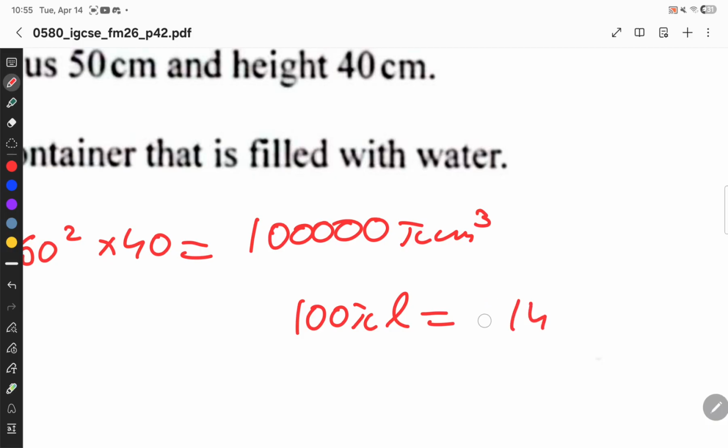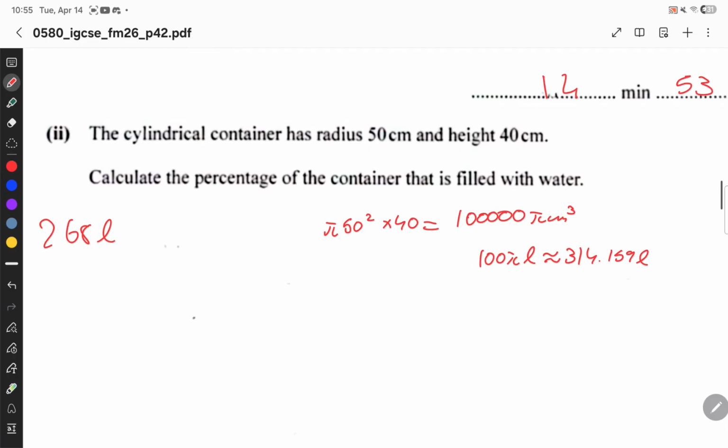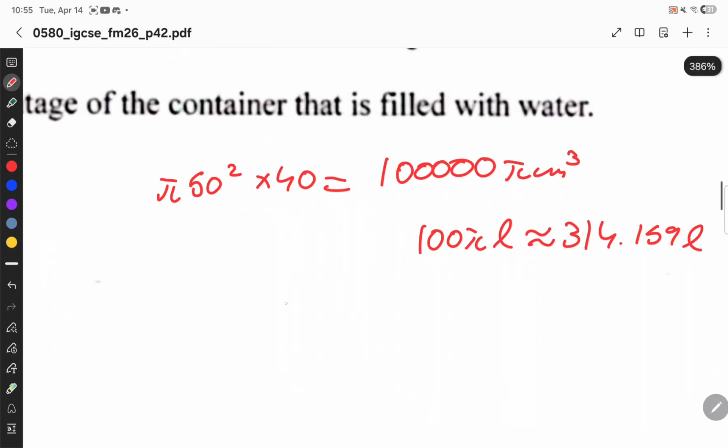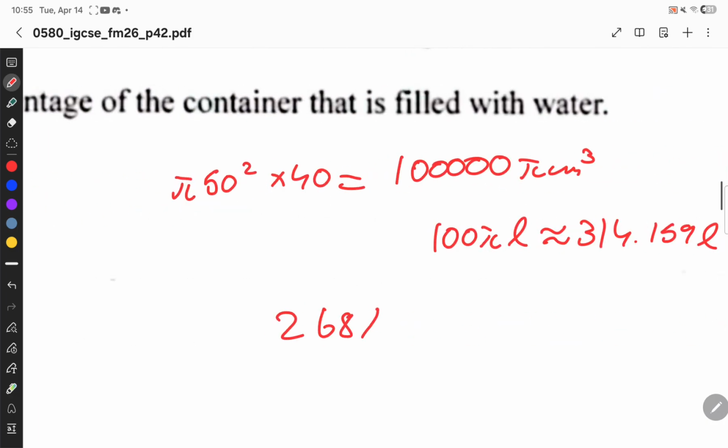100 pi liters is around about 314.159 liters. Now we calculate the percentage. So this is 268 liters over 314.159 liters times 100.